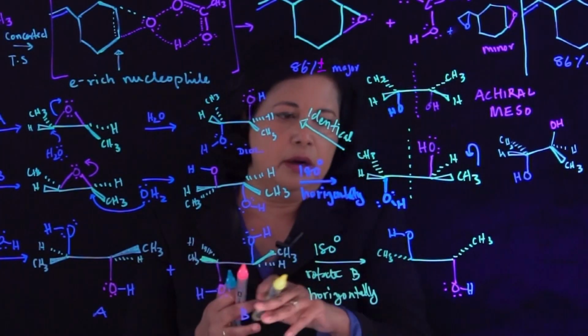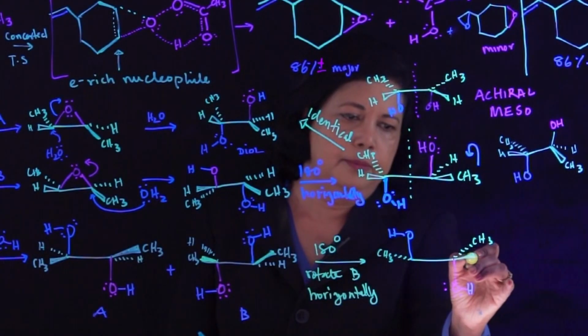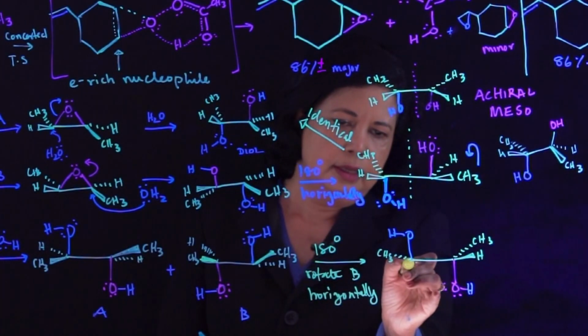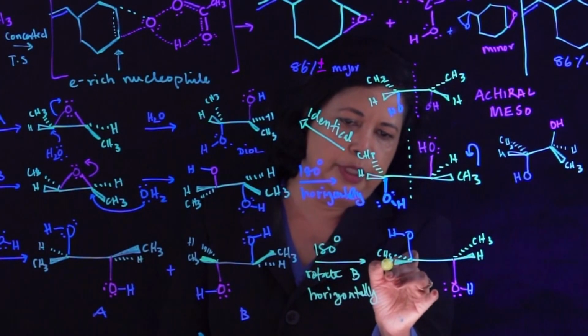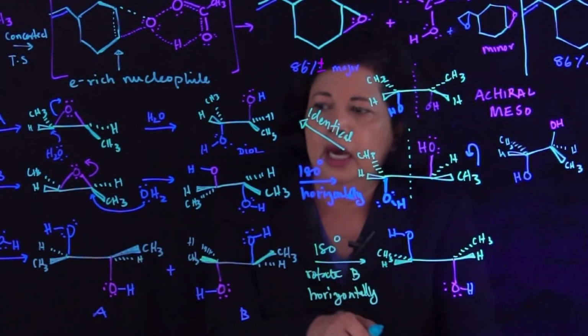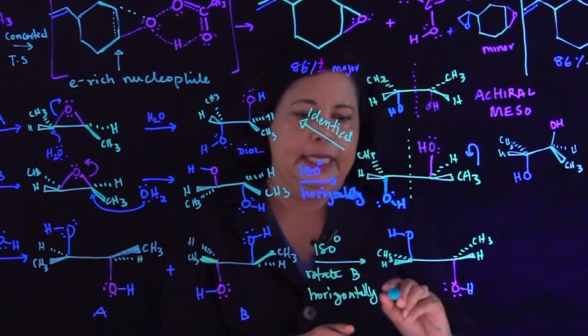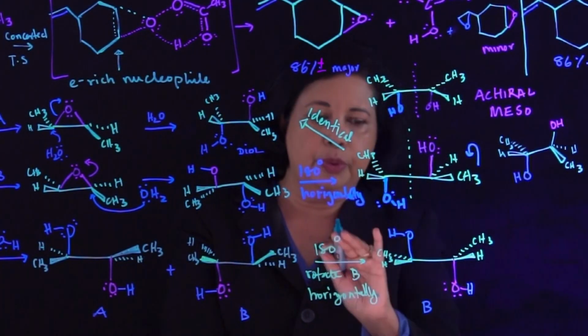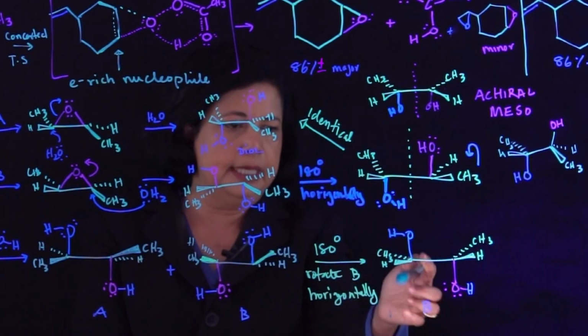And the hydrogens that are on a dash are going to become wedges, coming to point toward you. And these methyl groups will be pointing away. Now what's the relationship with B? This is still B. I'm not going to put B prime. It's the same B. I just rotated it.